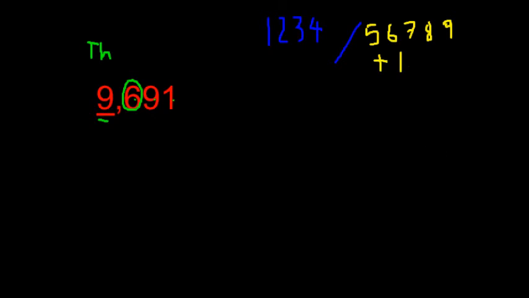So if we round this number 9,691 to the nearest thousand, the answer is: the underlined number is 9 plus 1. 9 goes up by 1, so that means the number is 10.